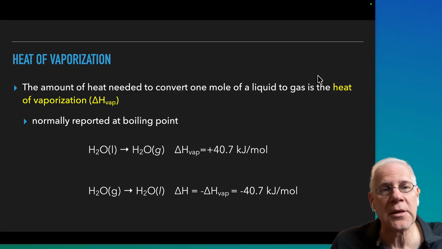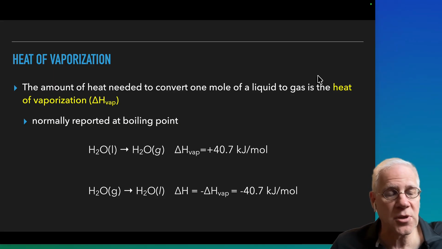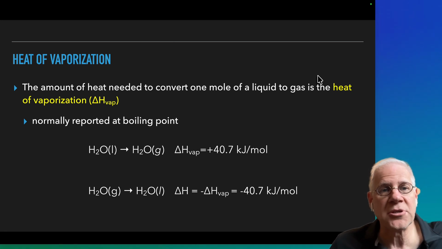So that's how much energy needs to be absorbed by the water molecules in order to break those hydrogen bonds between water molecules and turn them into independent molecules of water gas. And so all we've done here is change the phase of our water. We have not changed the temperature. It's liquid water at 100 going to water gas at 100. The energy is strictly to break those forces.